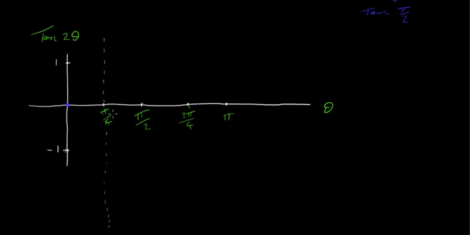Okay, now, this would be pi over 8 here in the middle. So we'll just put a pi over 8 here. Let's try that one. We want the tan of twice pi over 8. So that's just going to be the tan of pi over 4. We know that tan of pi over 4, tan of 45 degrees, is 1. So we should end up here with a point at 1.